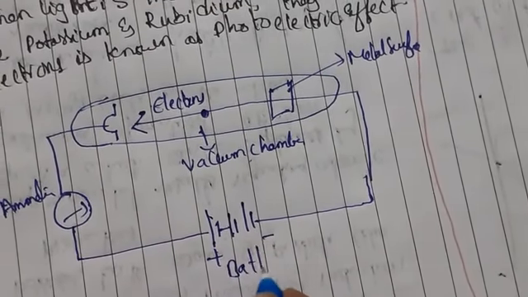And the next one: for any metal surface to emit electrons, light of a certain minimum frequency is required.